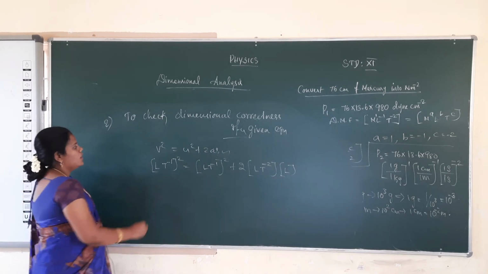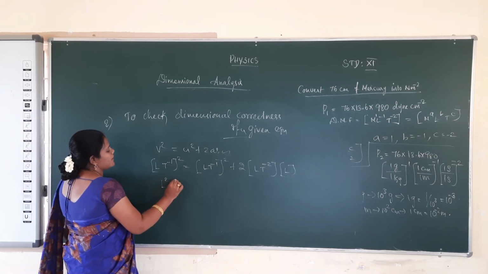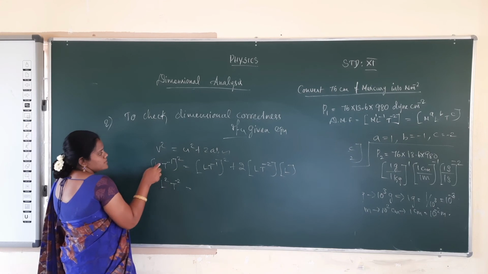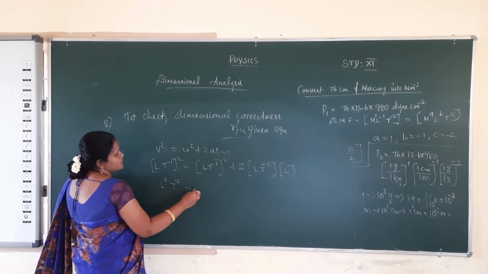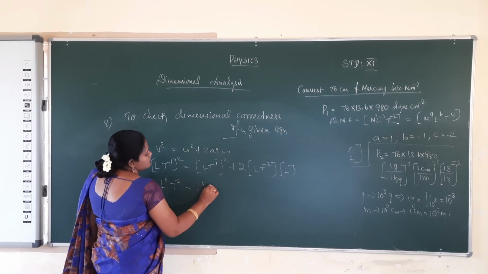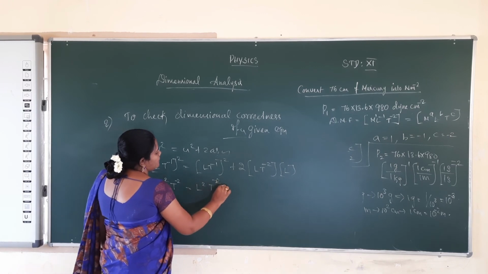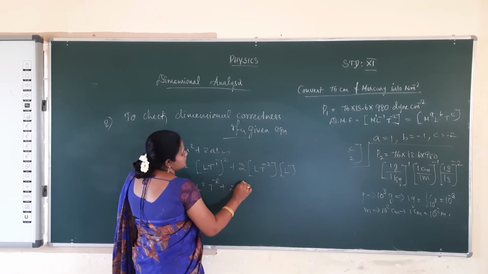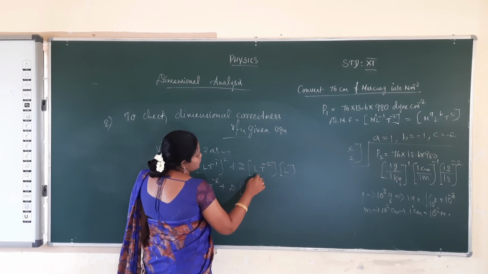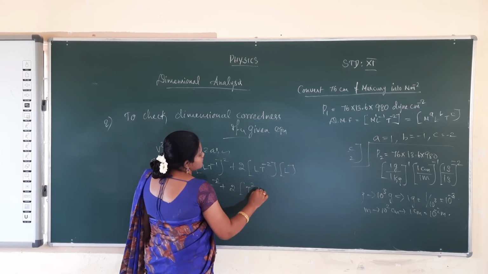So L square T power minus 2 is equal to L square T power minus 2 plus 2 into L square T power minus 2.